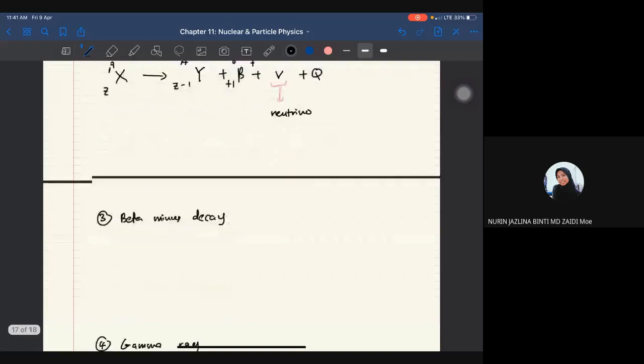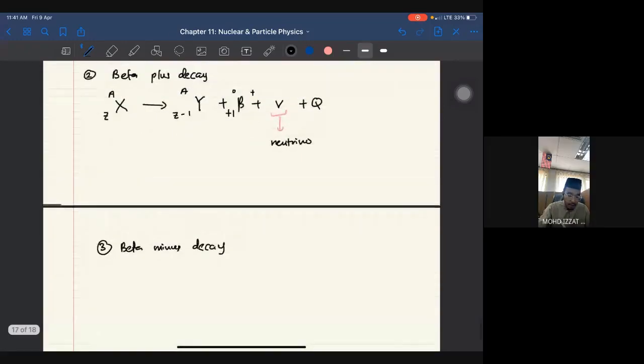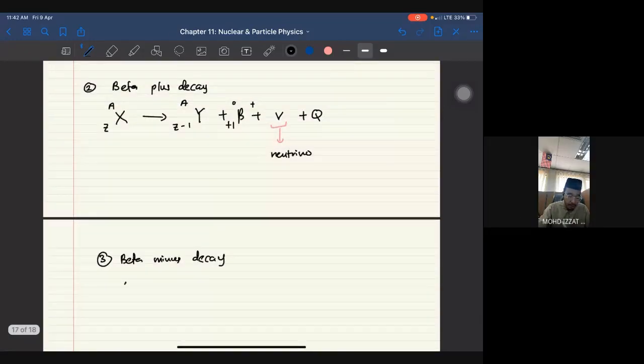Faham, okay sir. Kalau beta minus pula, Z will be negative. So Z dia now actually equals to Z plus 1. A dia masih sama.